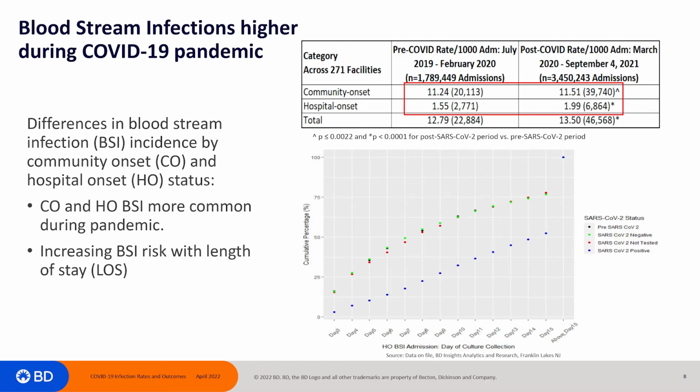So continuing on with the analysis that Vikas was giving line of sight to, we looked at bloodstream infections during the COVID pandemic, and we noted that both community onset and hospital onset bloodstream infections were more common during the pandemic.